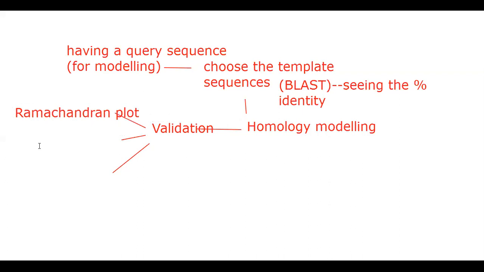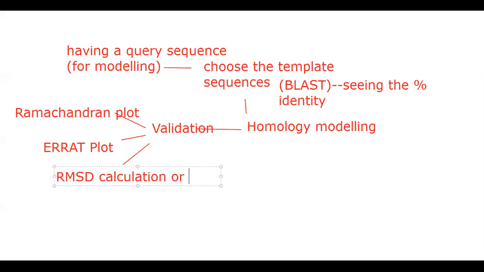The second one is the ERRAT plot. And the third one is RMSD calculation, or the RR plot, residue to residue plot. This is the basic flowchart that we want to follow.